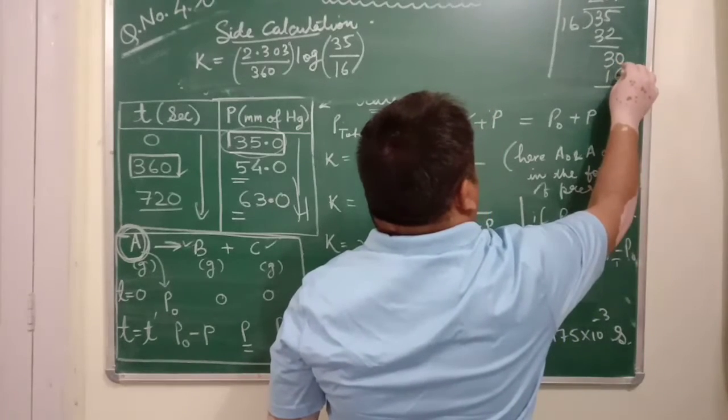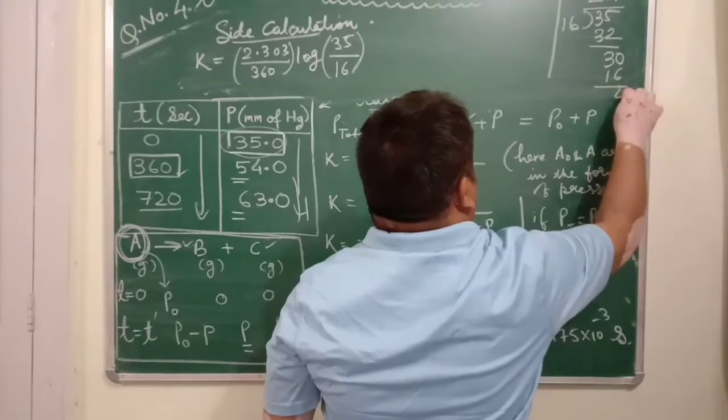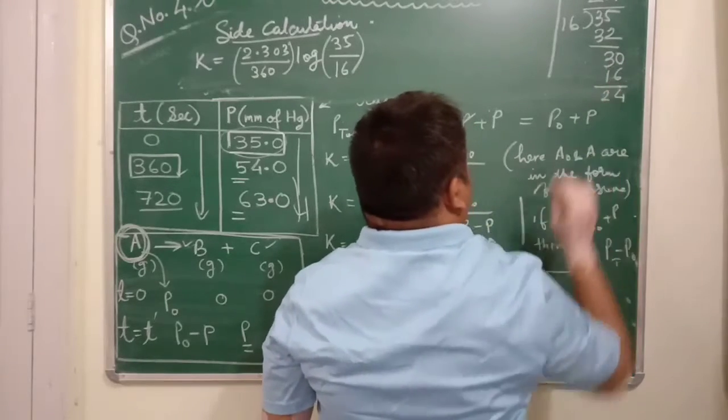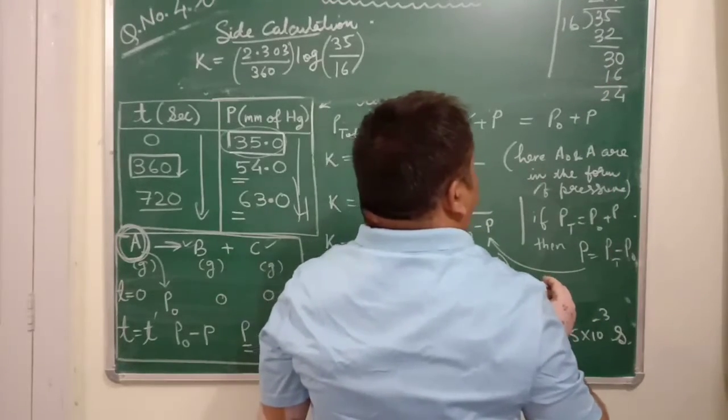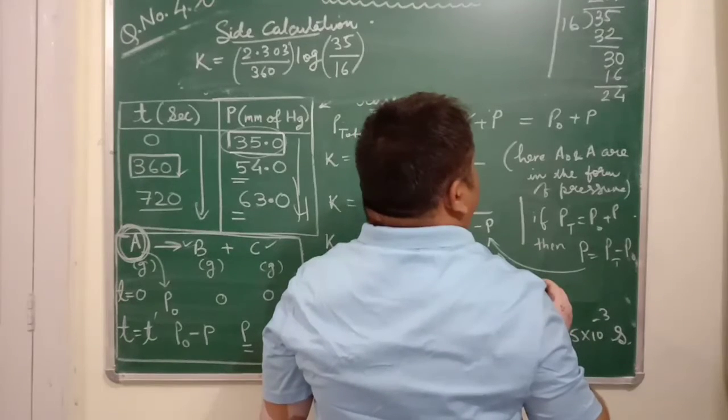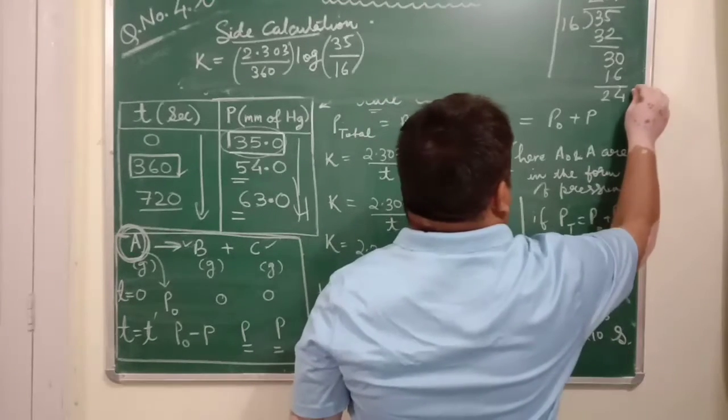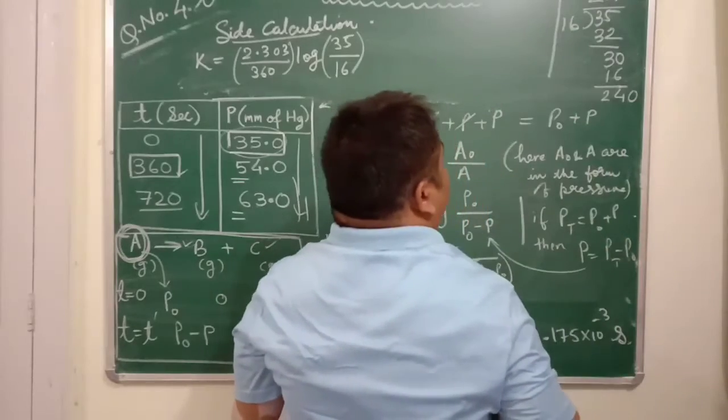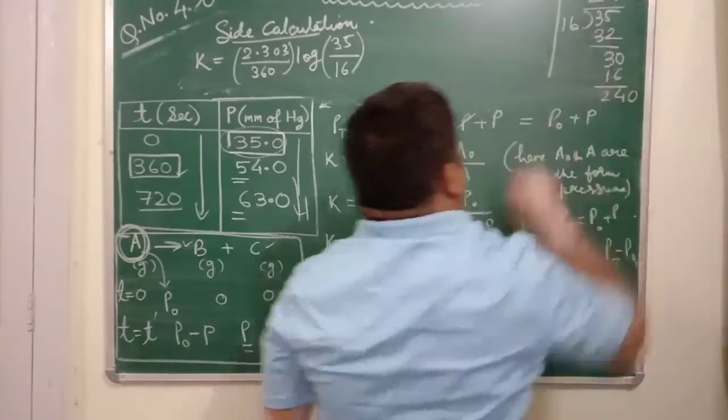So we will get 4, and this will be 2. Then we will put 1 0. So it will be somewhere around 2.18.